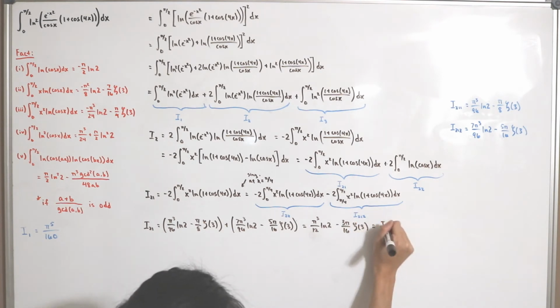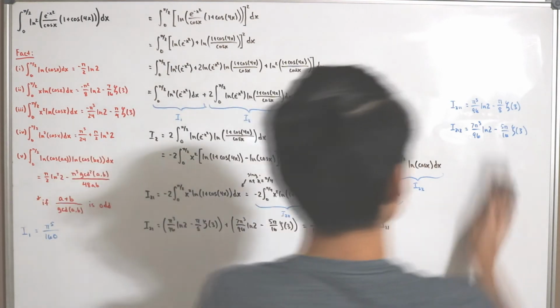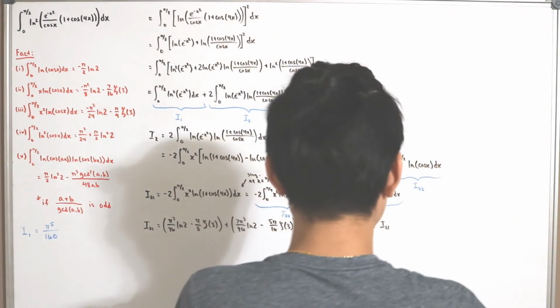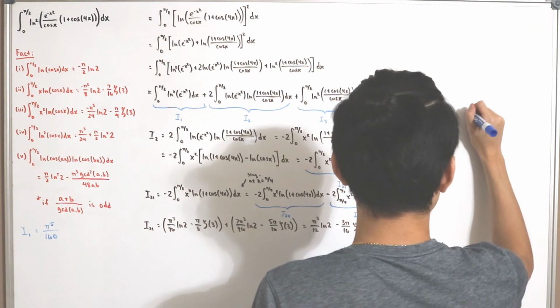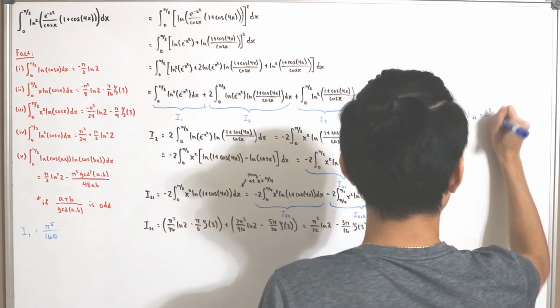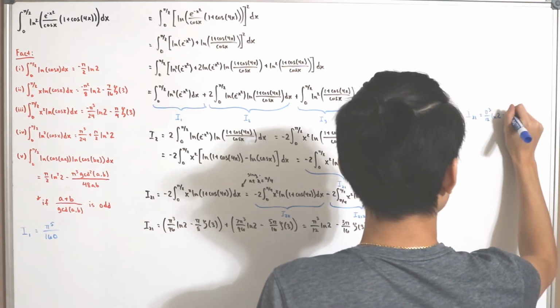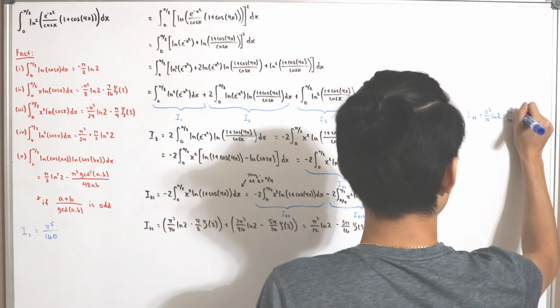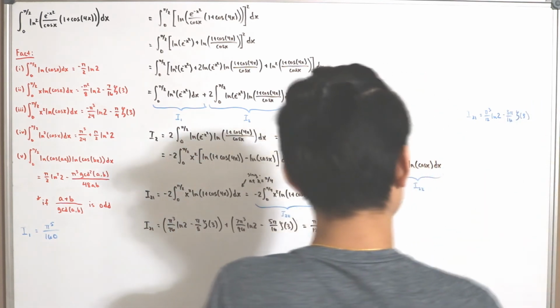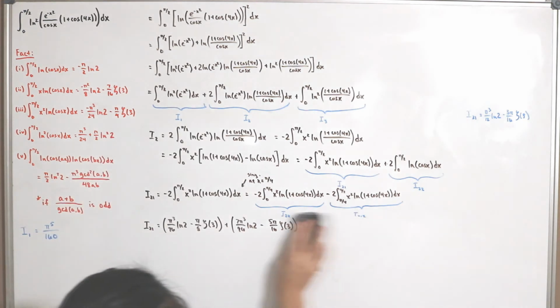It's equal to our I sub 21. Okay, nice. So now that we have this, I don't need this anymore. How about I write what our value of I sub 21 is: I sub 21 equal to π³/12 ln 2 minus 3π/16 a priori constant. Okay, cool. Nice. So we have our I sub 2,1.